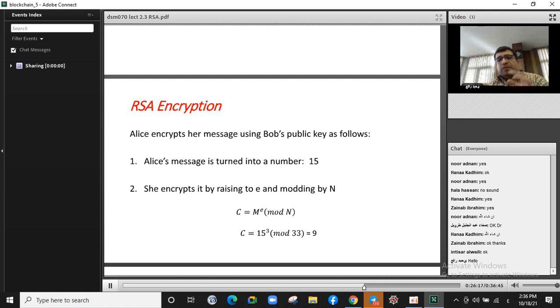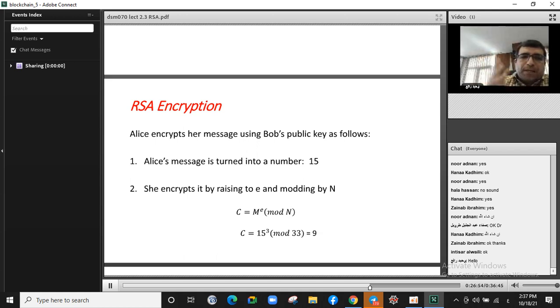So I explained how RSA finds the public key. Then, using this formula, everyone who wants to send a message uses this formula to encrypt the message using the public key. The pair N and E is the public key. Okay. The only thing that now I must explain is how to decrypt the message.